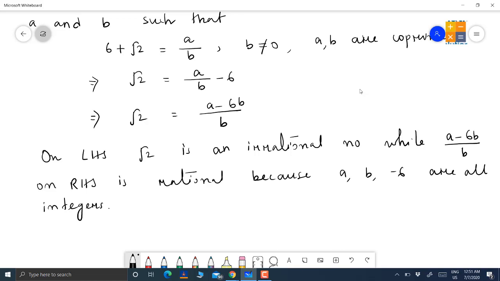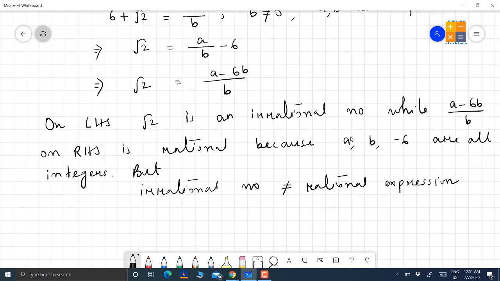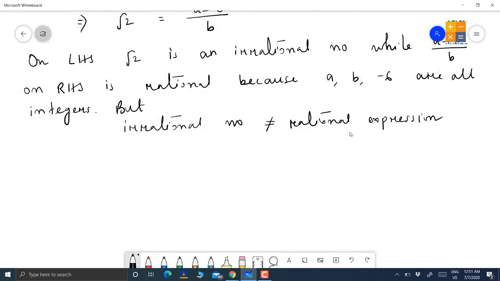So that's the way we have to write. But what conclusion can we draw here? Irrational number is not equal to rational expression. Therefore, the concluding line, of course, our assumption will be wrong. Hence our assumption is wrong.